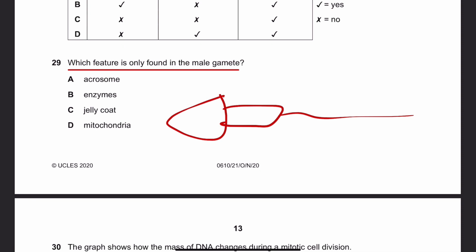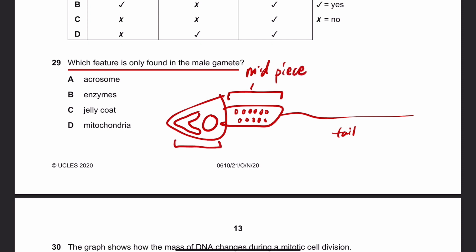If you look at the structure of the sperm, it has an acrosome, a nucleus, a lot of mitochondria here, and a tail. This is called the midpiece. And this is the acrosome, this is the nucleus.